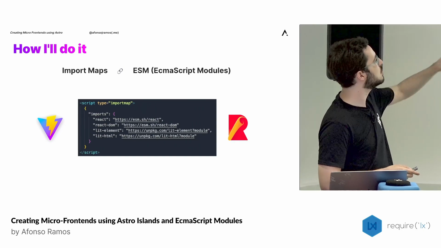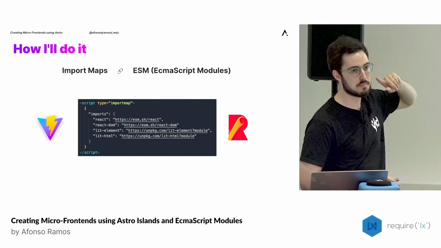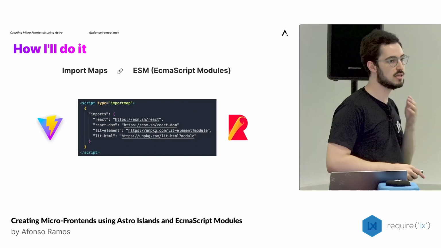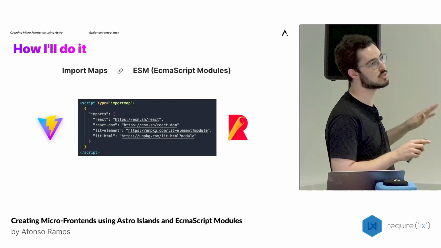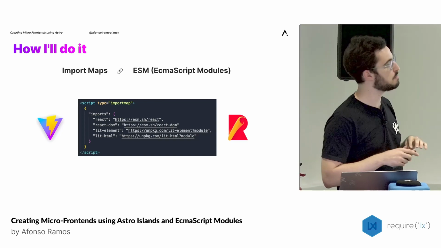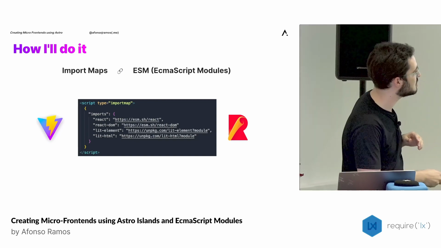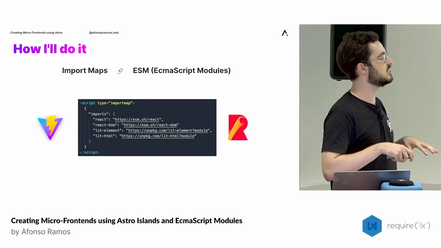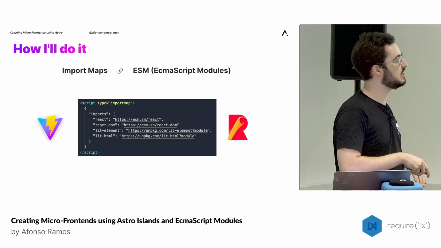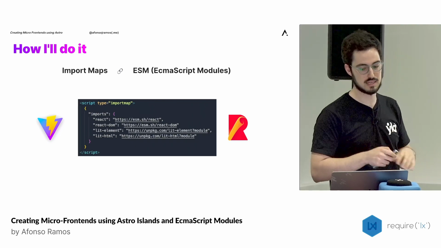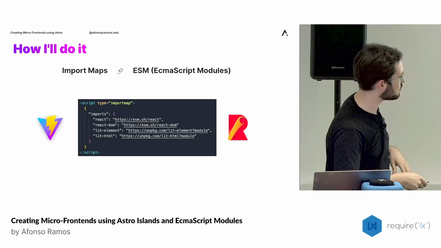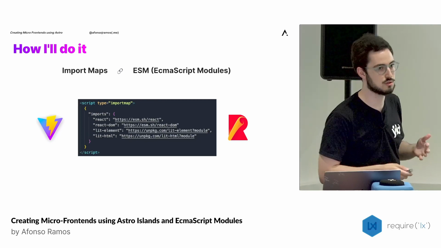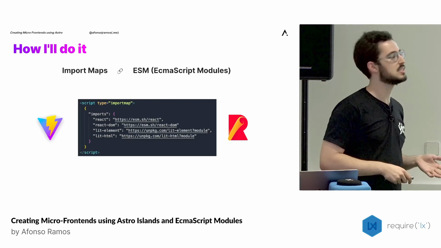Maybe I'll go into what an import map is a bit, because it is a pretty new thing, and EcmaScript modules as well. Import maps, as you can see here, allow you to define in a JSON where the keys are the ESM module names. So here, React is just a link to the React ESM module.